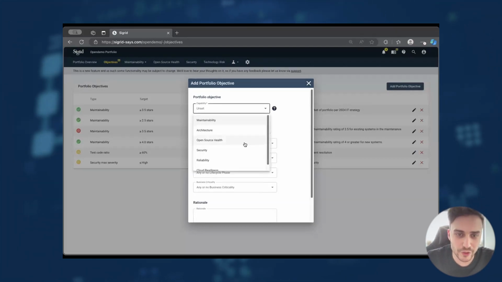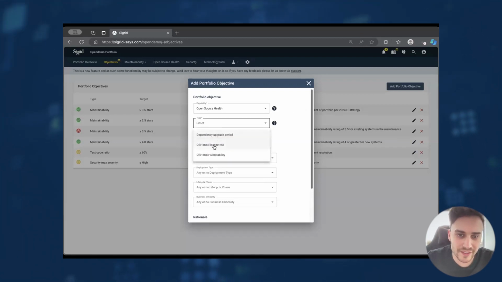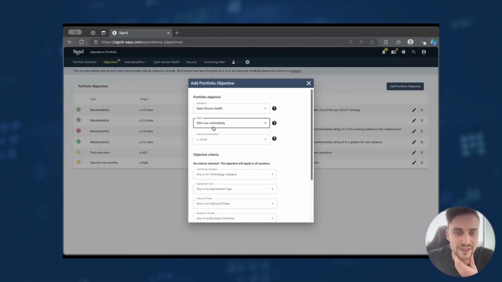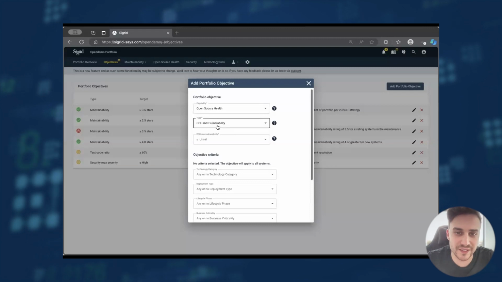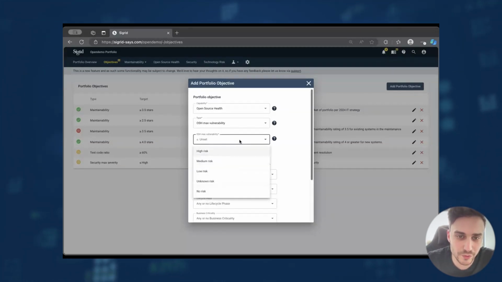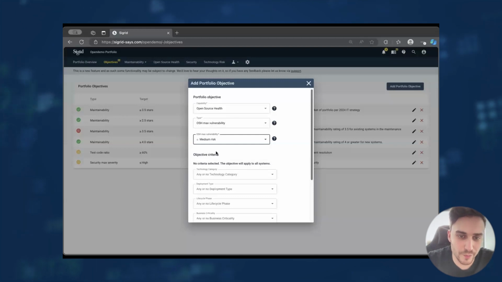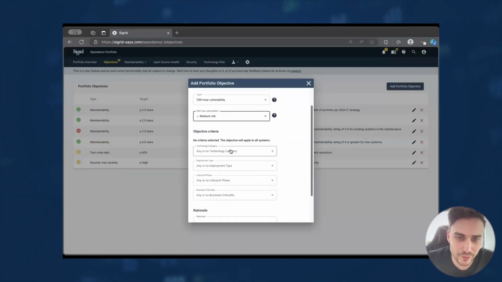But you know that you cannot fix everything, so you can add some criteria. I'll go over that. I'll select the capability open source health and select the open source max vulnerability. This is about the known vulnerabilities that are found in the libraries in software. We can say that there should be no higher than medium risks in the software.